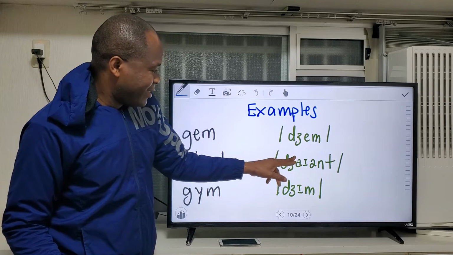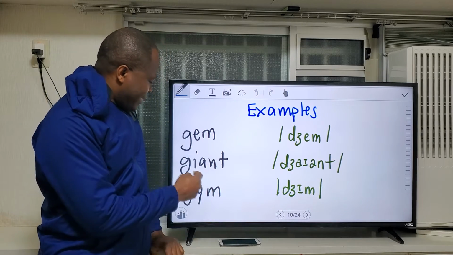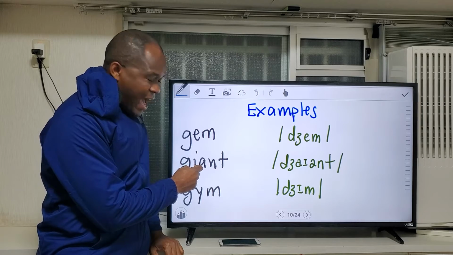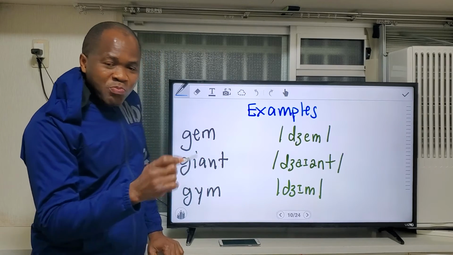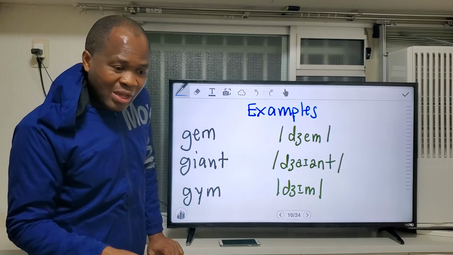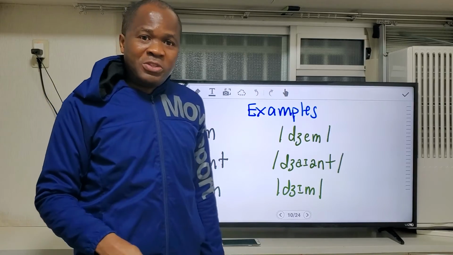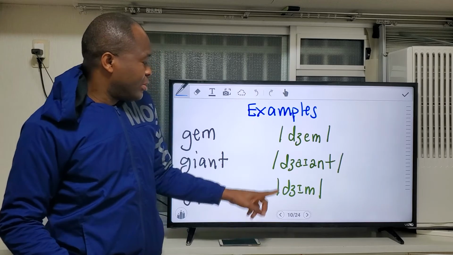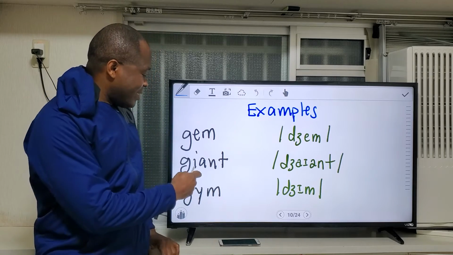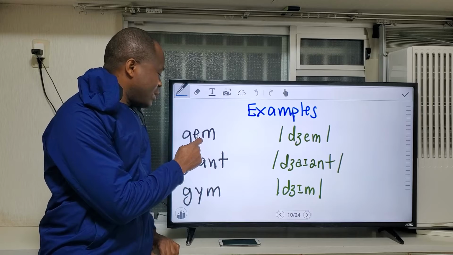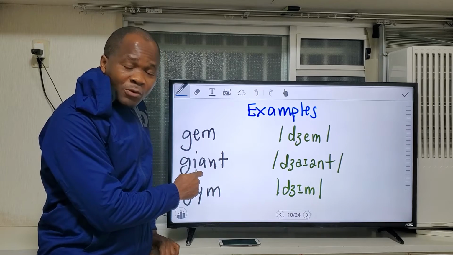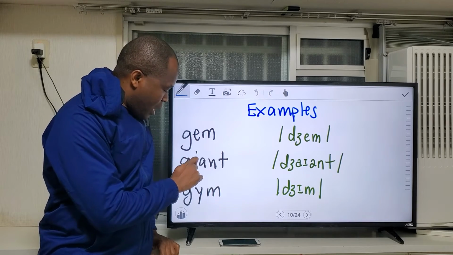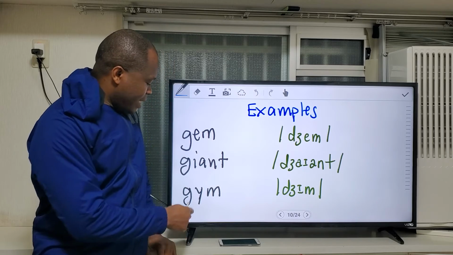The next one is giant. If you look at the word giant, the G is followed by an I, therefore it should make the J sound, like the sound of J. So we have an example as giant. First one is followed by E, and the second one is followed by I. The last one is gym.